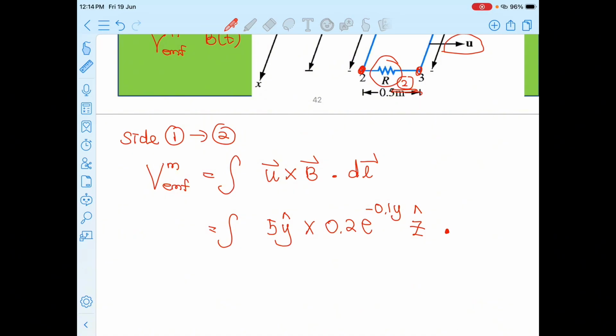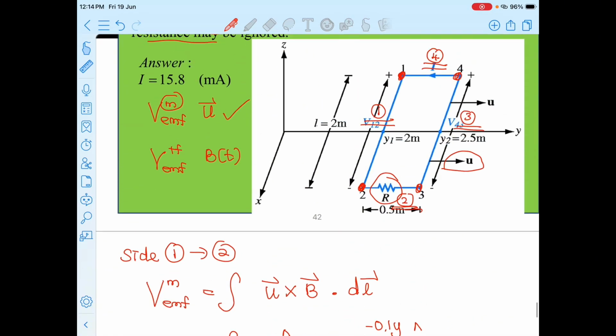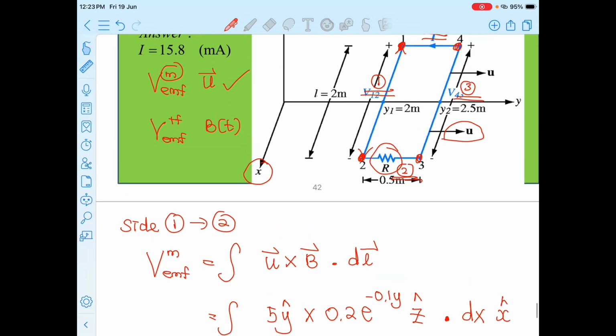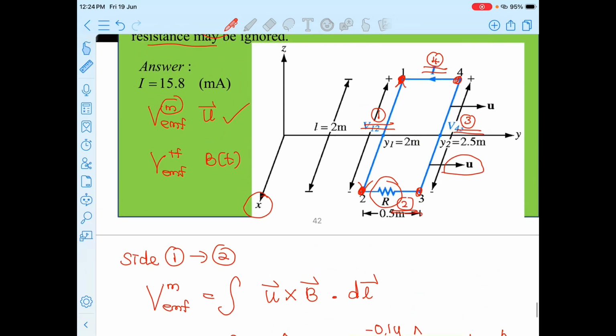dl is the length of side 1 to 2. The length of this side refers to x, so here it will be dx, and the unit vector is x. Now let's determine the interval of our integration. For this, we need to identify the direction of the current flow.